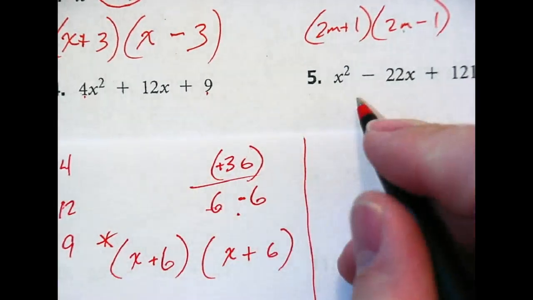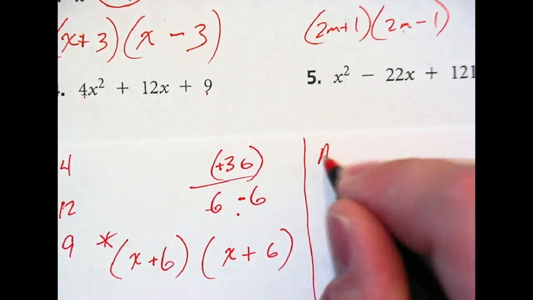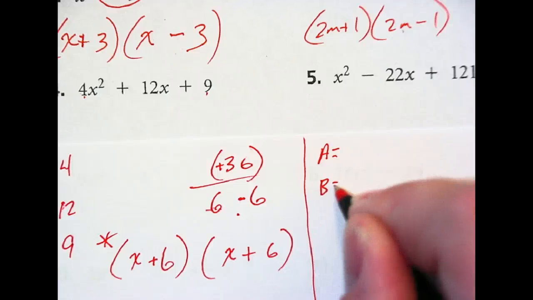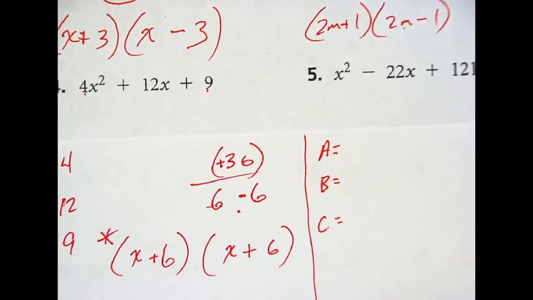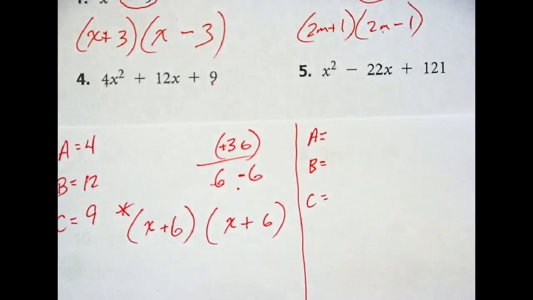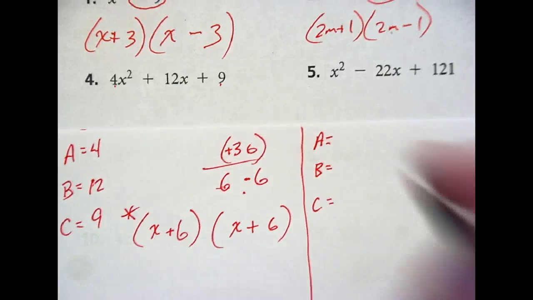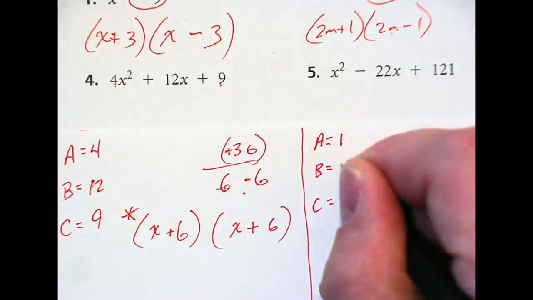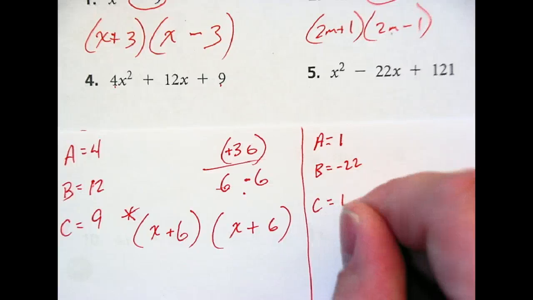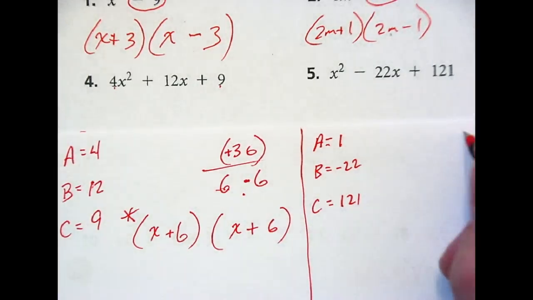Let's go to number 5. A, B, C. Write it down. Okay, this is 1, negative 22, positive 121. We're trying to make what number?